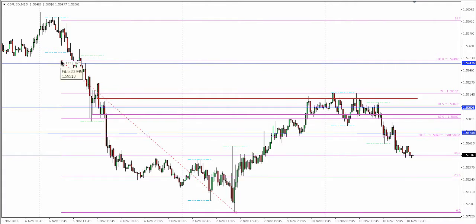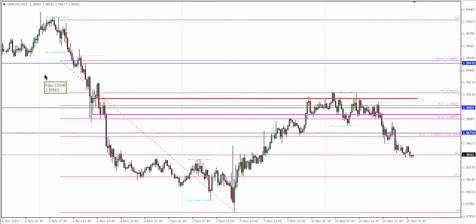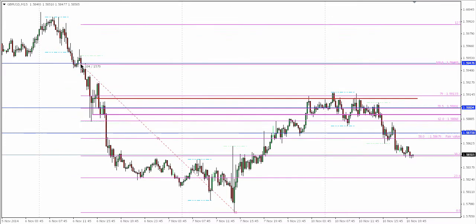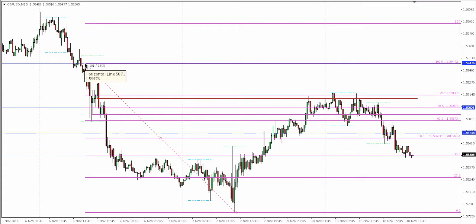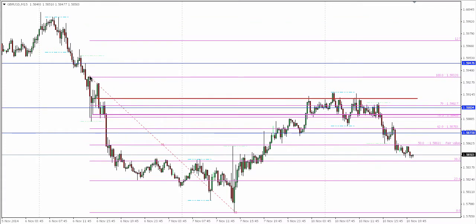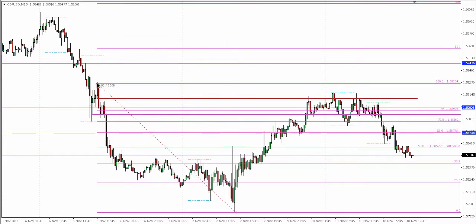The 50 level was at stake, so there's a very probable entry. If not, just take the resistance level as another entry level, or even this one, the 79.